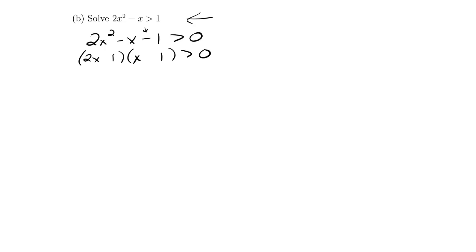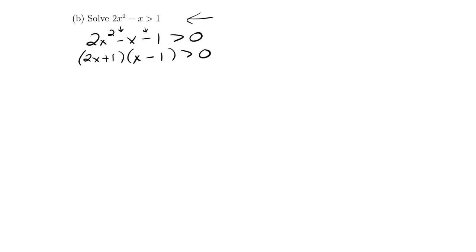I want more negatives so that I end up with negative x. All right. So I want the negative coming from the part that's going to give me negative 2x and the positive from the other part. So I get 2x plus 1 times x minus 1 greater than 0.